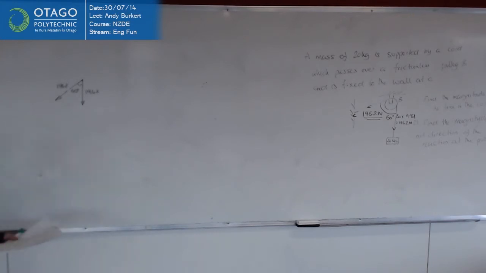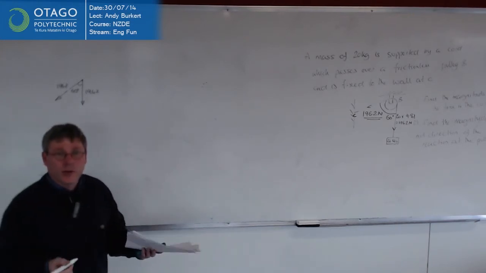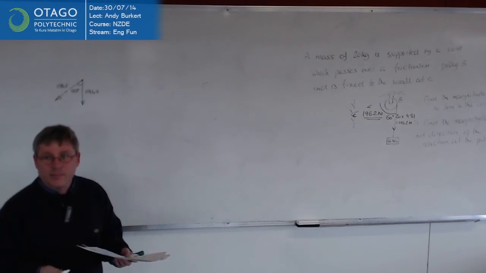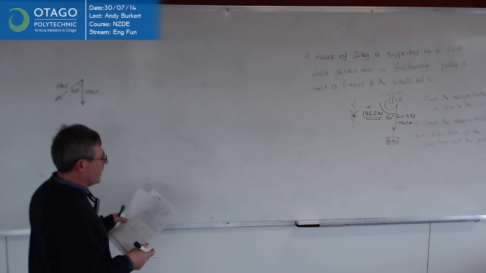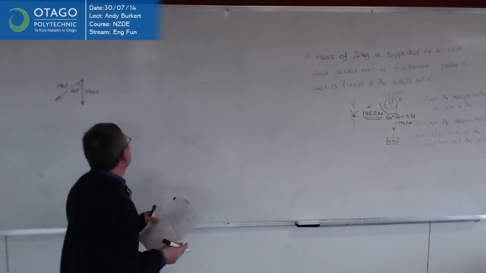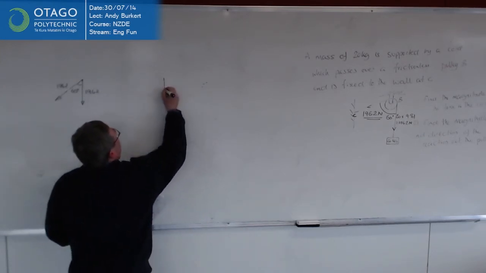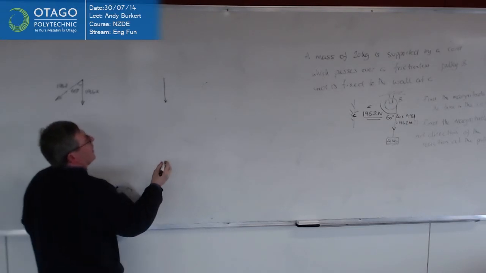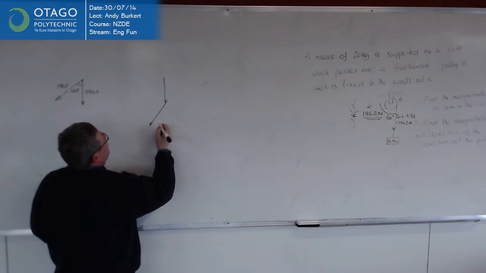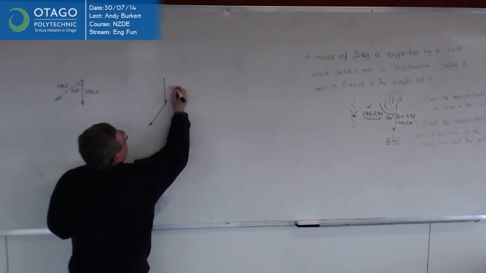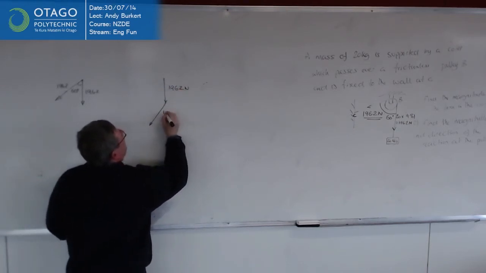Now we need to draw our triangular forces. Yeah? So what we're going to get, we're going to have that one acting down there, and then so that's 196.2 newtons.